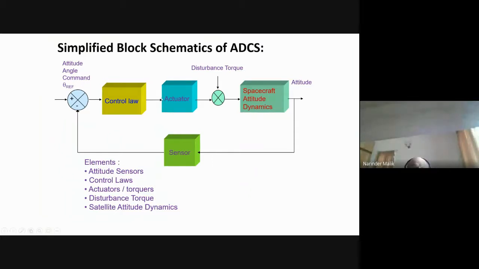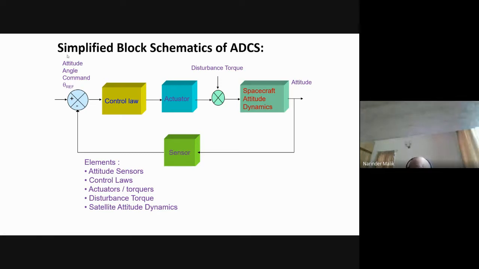This is a very simplified block diagram of ADCS. Okay, basically the spacecraft experiences motion in response to the disturbance torques and the control torques. This motion is sensed by the sensors. Sensors send the feedback, and this is compared with the attitude reference command.